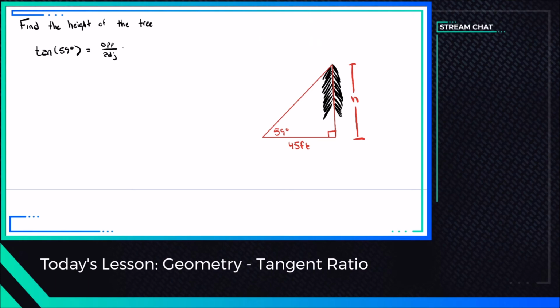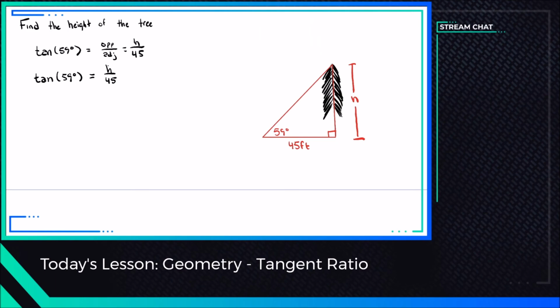And so that's going to be equal to the leg opposite is H, and the leg adjacent is 45 feet. So the tangent of 59 degrees is equal to H over 45.